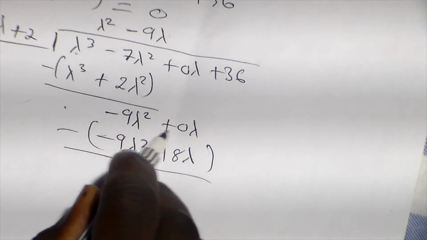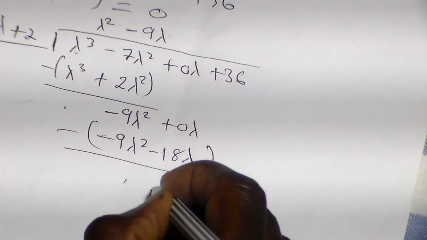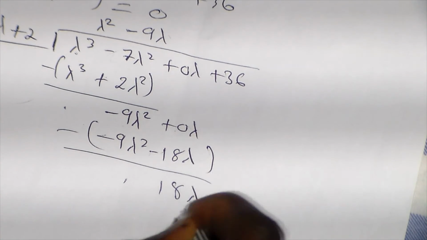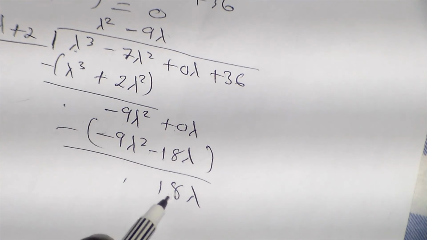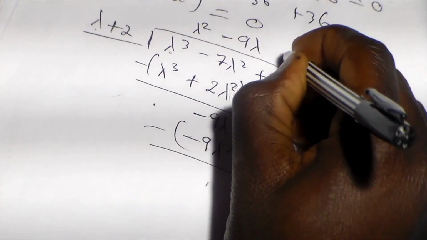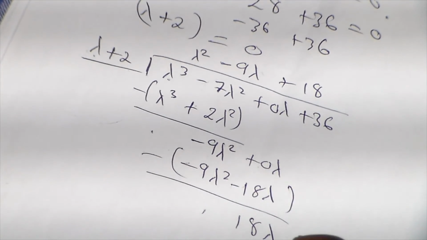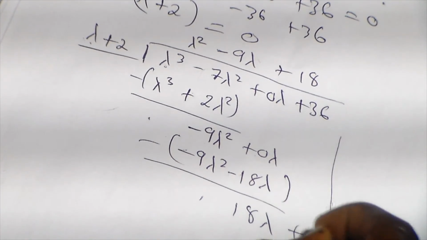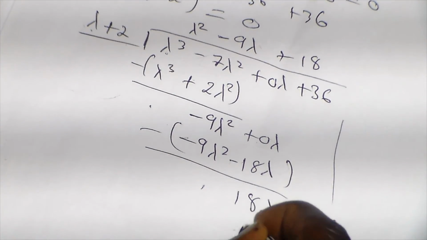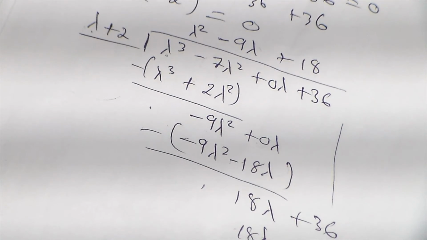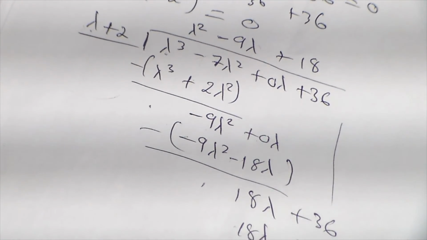Then we subtract and get 18 lambda. Now here we are getting plus 18, then multiplying there, we are getting 18 lambda plus 36. We subtract, this will give us a 0.